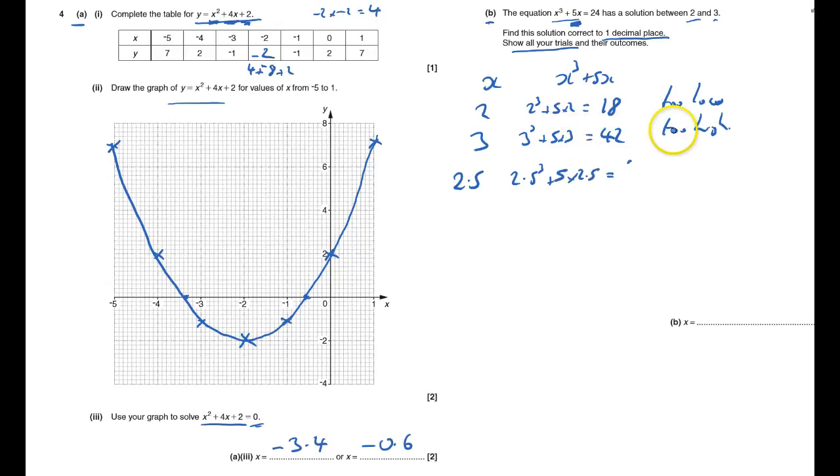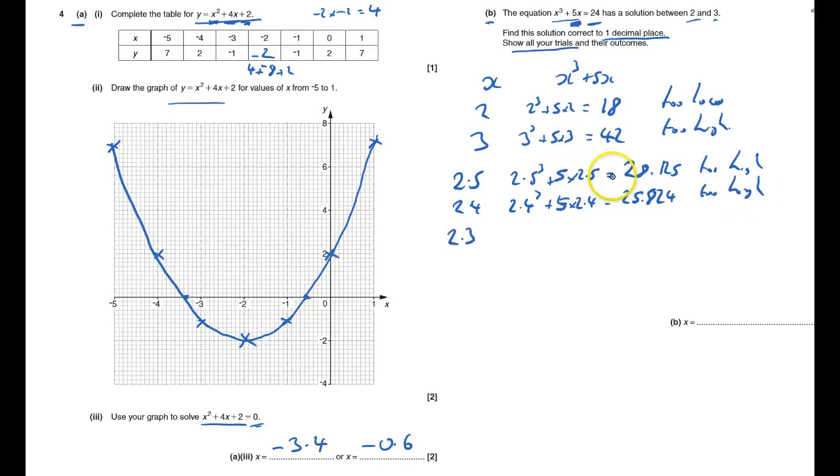That is 28.125. I want it to be 24, so that's too high. I'm going to try lower than that then. I'm going to try 2.4. 2.4 cubed plus 5 times 2.4 is 25.824. That's still too high because I want it to be 24.